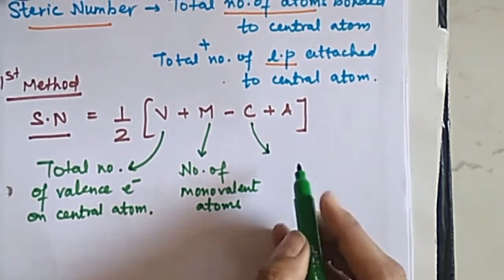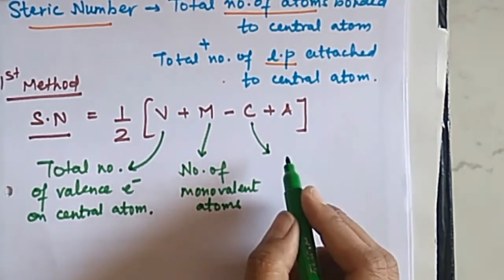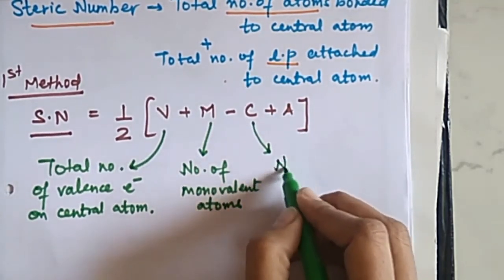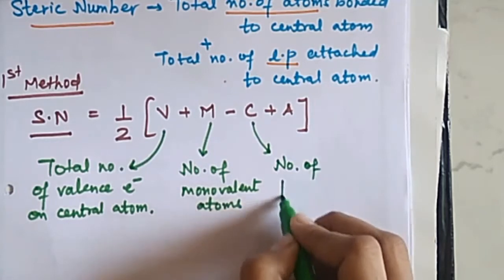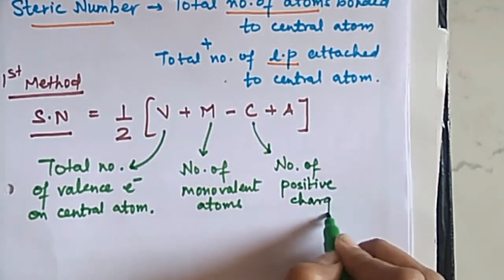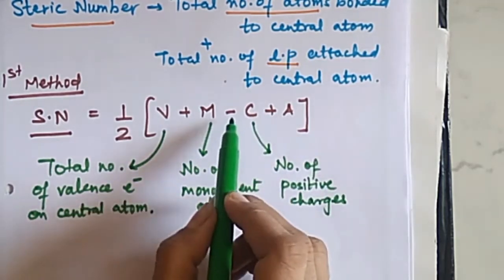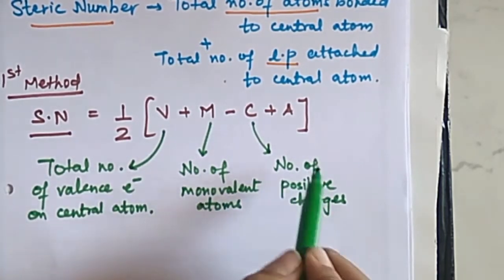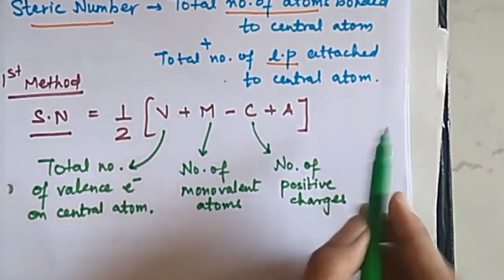C is for cation, that is, if any positive charge is present, the number of positive charges is to be subtracted. For NH4 plus, minus 1, one less electron.